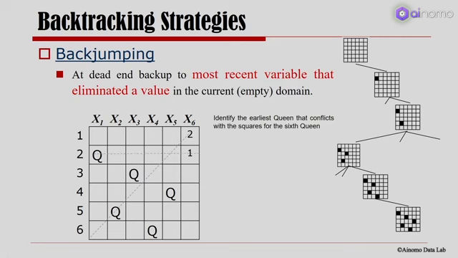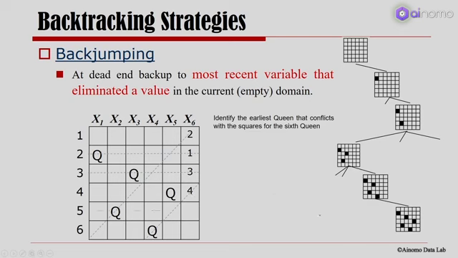the earliest ones. So the 3rd position is covered by the 3rd queen. The 4th position is covered by the 4th queen sitting here. So that's the earliest queen that conflicts with the square for the 6th queen.